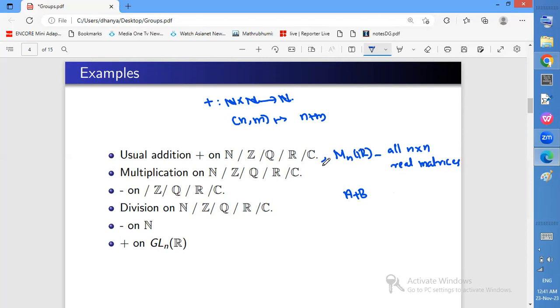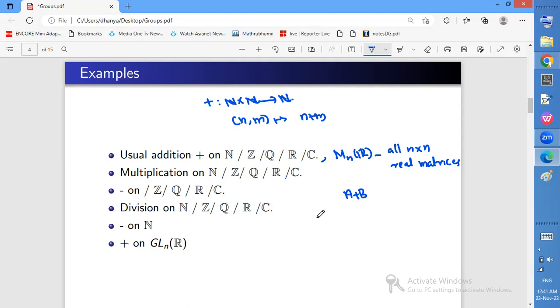Next, let us see the operation multiplication. First we may consider the set N itself. We already know that given any two natural numbers, their product is also a natural number.